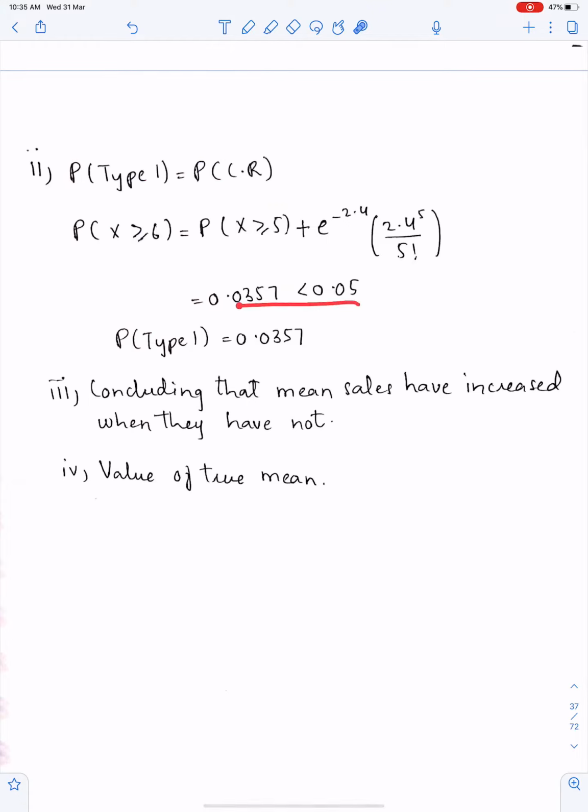This probability is less than 5%, so 6 is in the critical region. Therefore, the probability of type 1 is this.